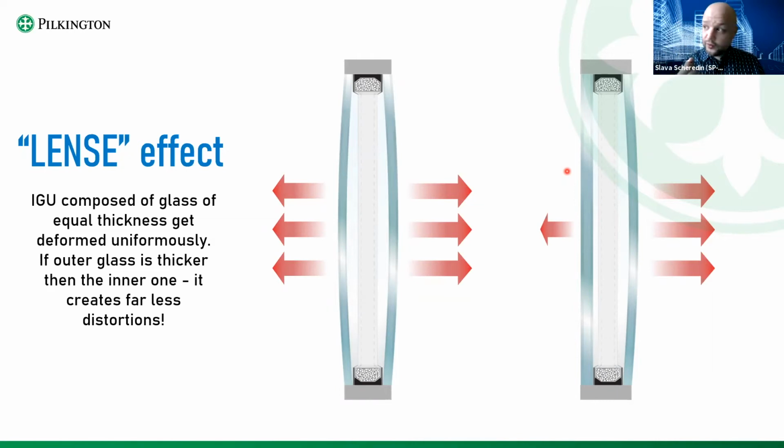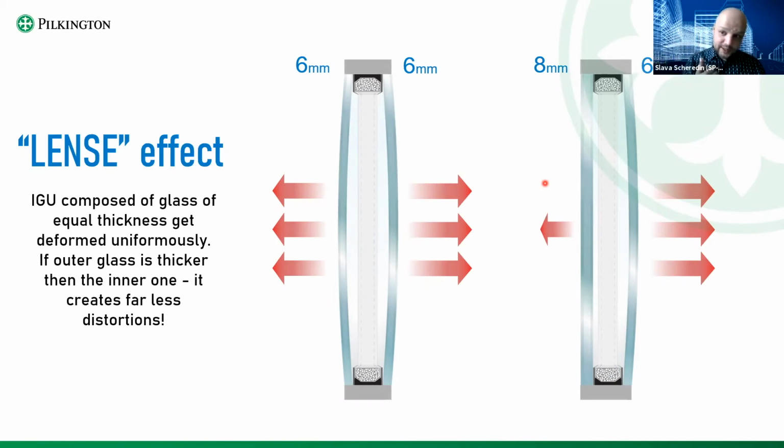The second rule is that it is good to reduce the spacer width of the IG unit, simply because the less spacer width you have, the shorter the spacer, the less air, the less gas you have inside, the less optical distortion.